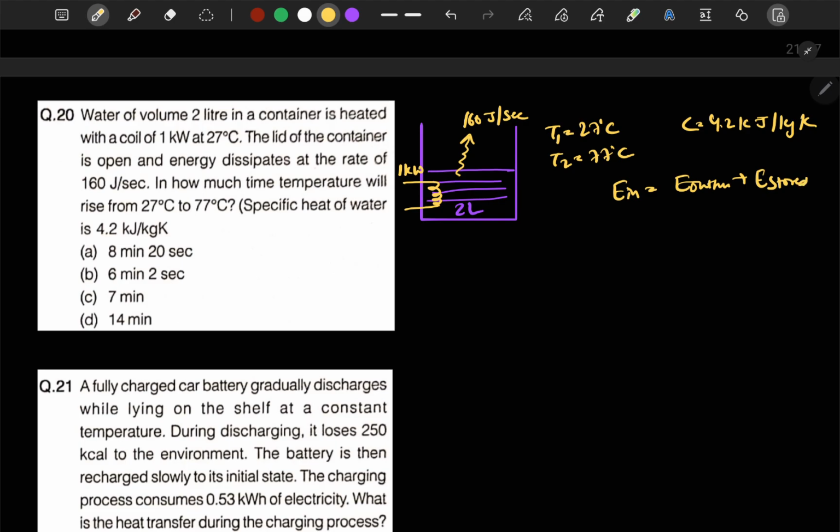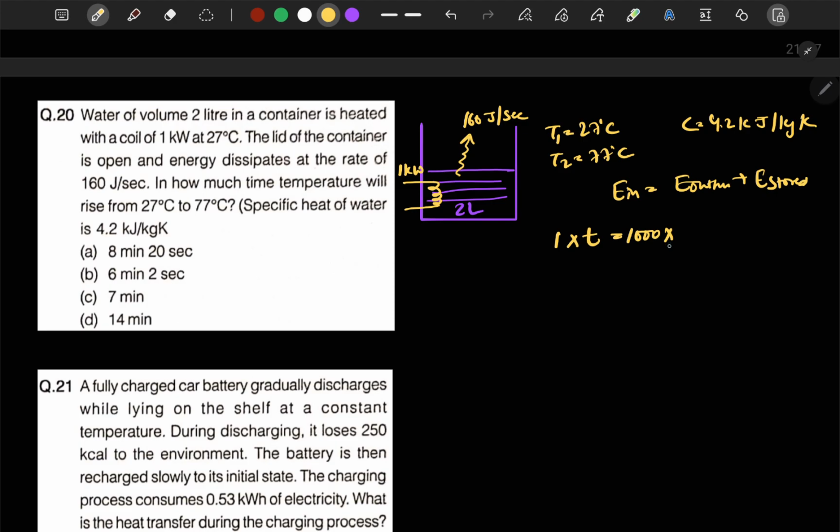How much energy is provided? 1 kilowatt, so we can write 1 kilowatt into T. We have supplied this energy. And how much energy is stored? Stored energy is m c delta T. Now the mass of water is rho, density, into volume. Density of water is 1000.